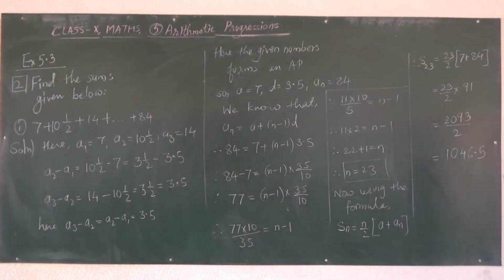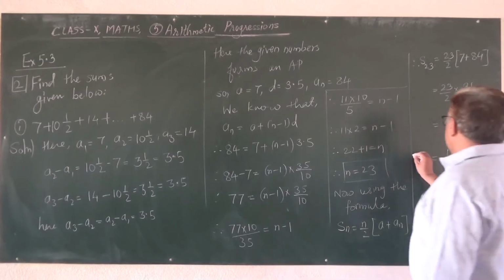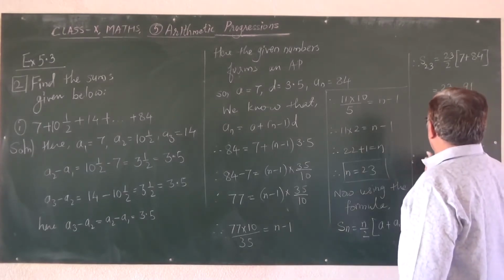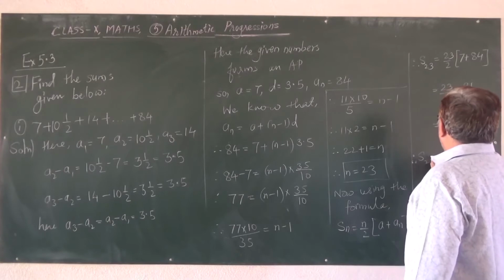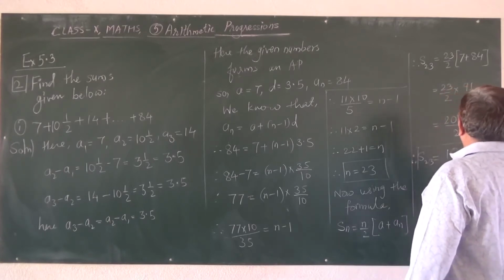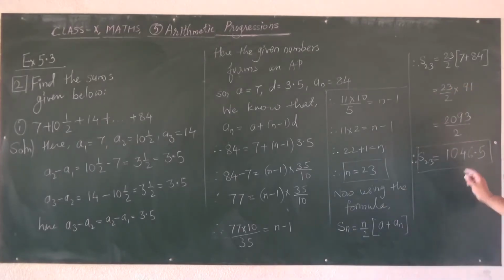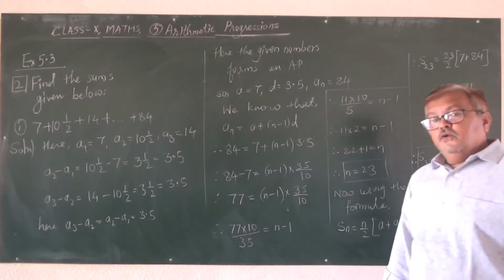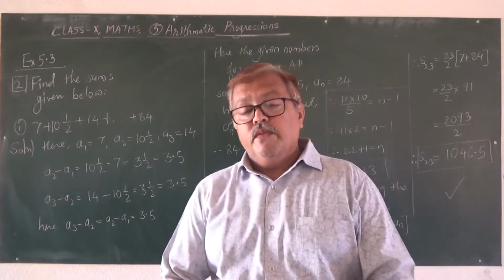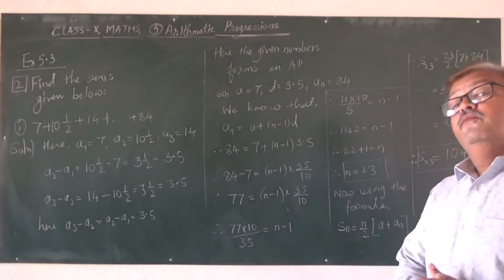So the sum of the first 23 terms is 1046.5. Hope you have understood this sum. Let us see some more examples.